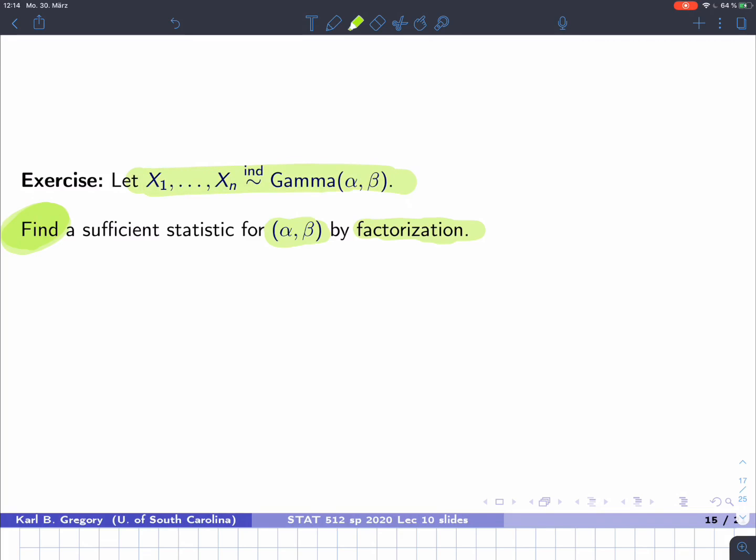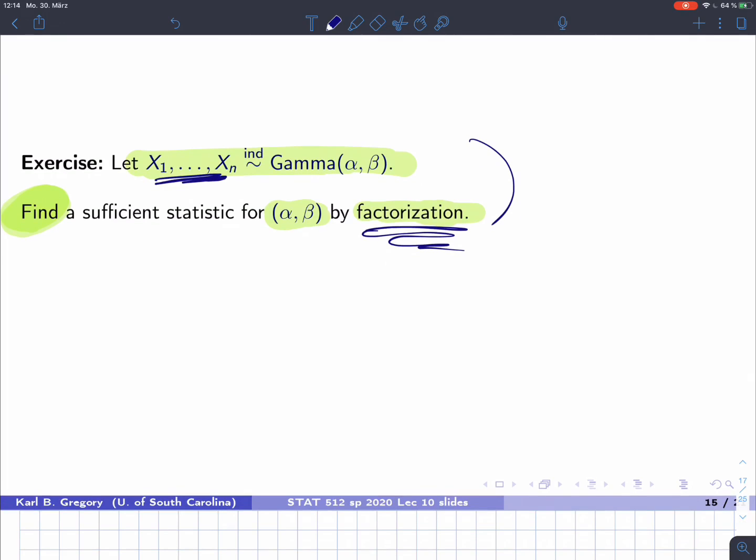We can find such a reduction of the data by using the factorization theorem. So I want to discover a sufficient statistic. I'm not given a statistic in this exercise, but I want to discover one that is sufficient.